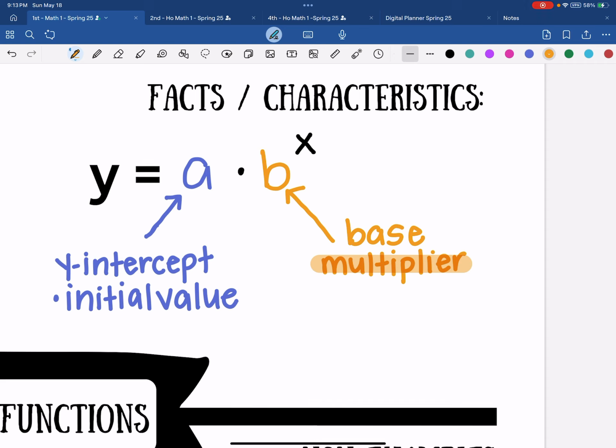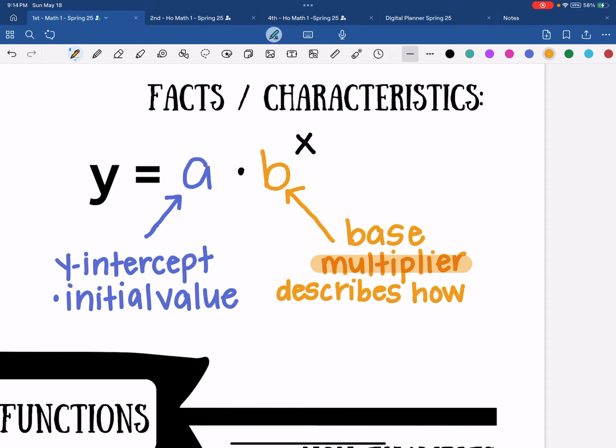Now, the base can tell us something very important, just like the slope of a line can tell us whether it's increasing or decreasing because it's positive or negative. The base can tell us whether it's increasing or decreasing, but we normally don't call it increasing and decreasing. We call it growth and decay.